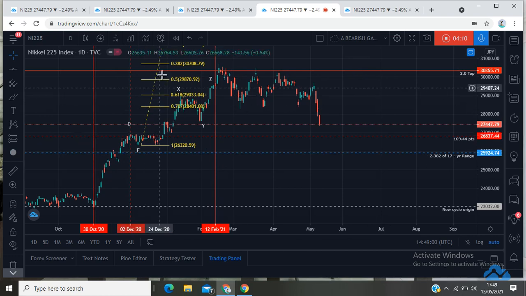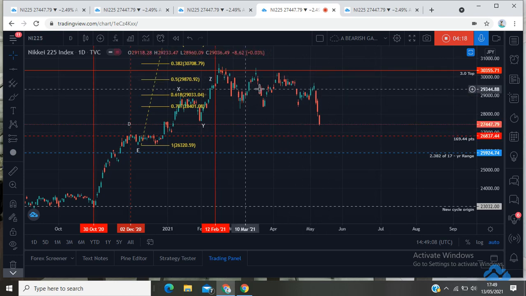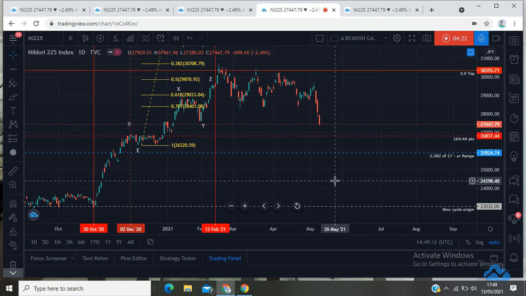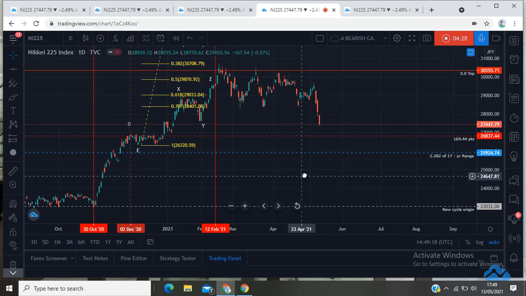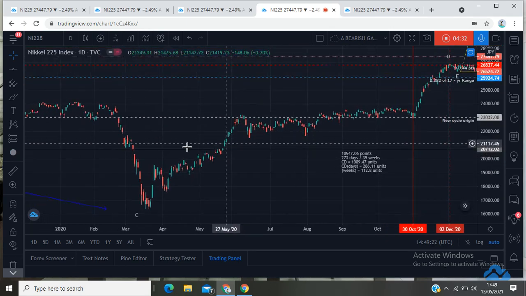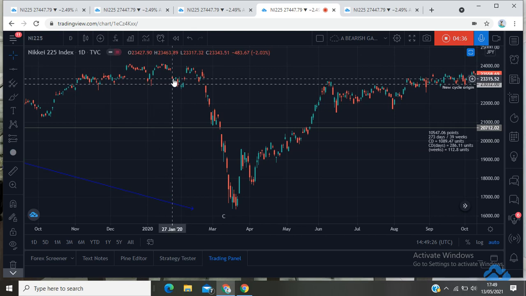That is why we mentioned that the 0.618 coinciding with that level will be a strong resistance point to look out for. So currently price is reversing down, and we want to just mention that, as we said, this is the 3.0 level. The 2.0 level of that 17-year square range is exactly at the corona crash top here.